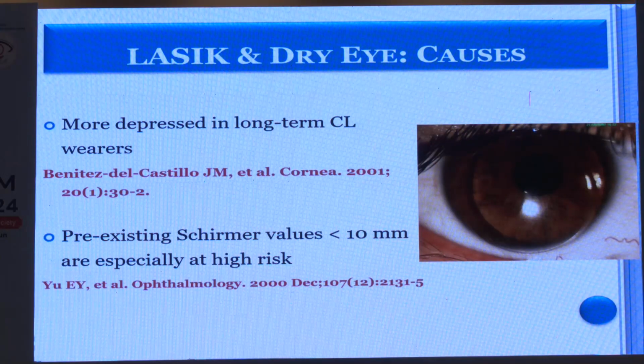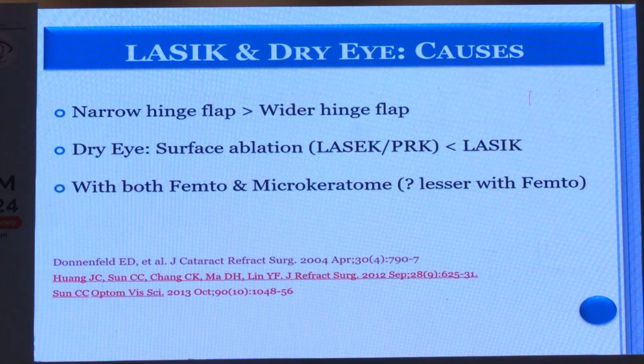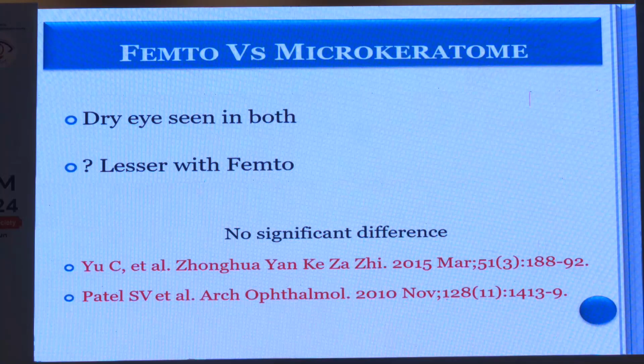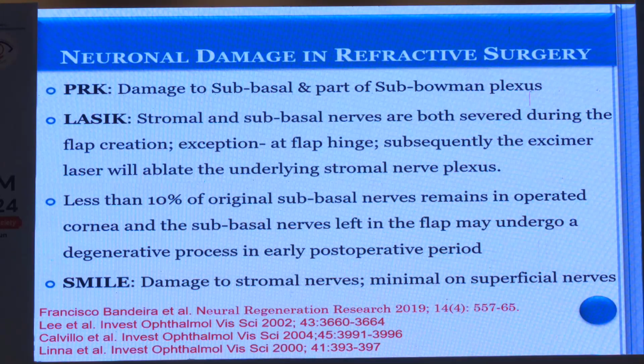It is more often seen in contact lens wearers, long-standing contact lens wearers. More with a narrow hinge flap, because you are cutting more, and of course with surface ablation it is lesser. When femto LASIK started, there was a hype created that it probably would not have dry eye, but no, there are studies that have shown there is no significant difference between femto LASIK and microkeratome LASIK. As far as surface ablation is concerned, yes, it is less.